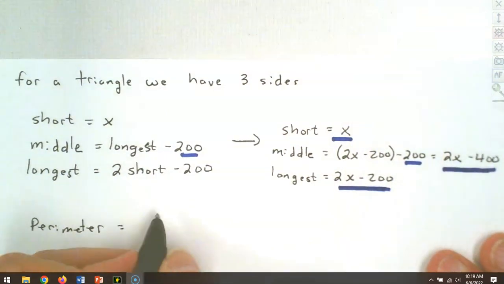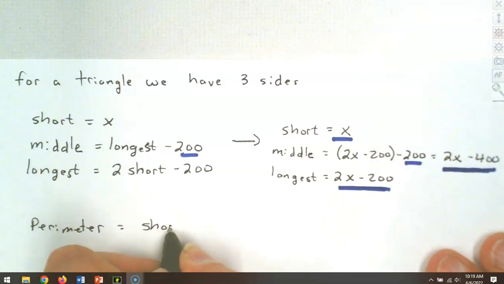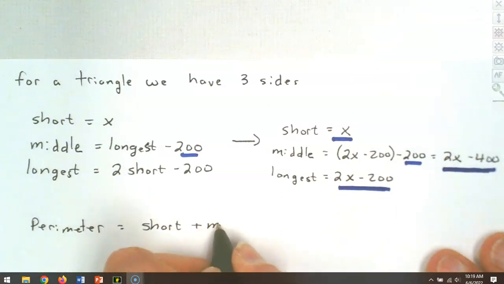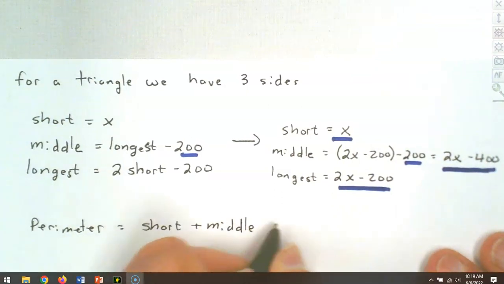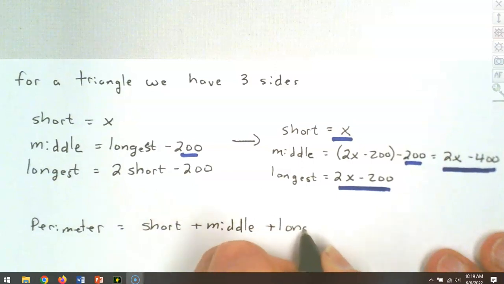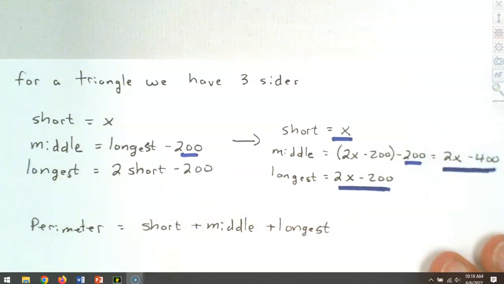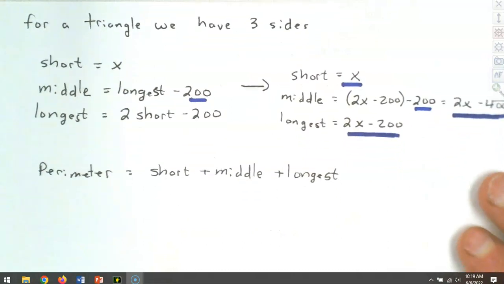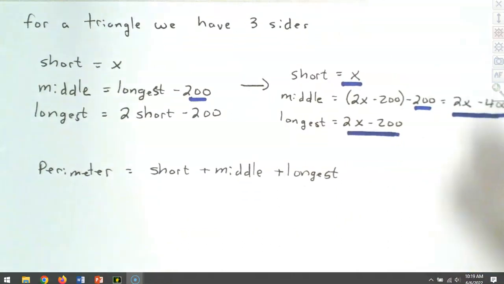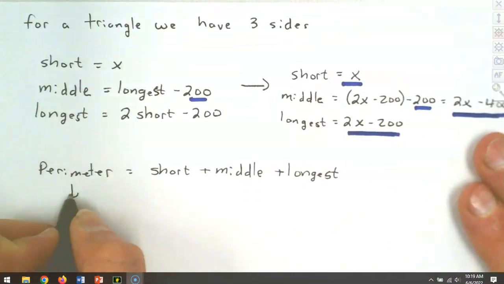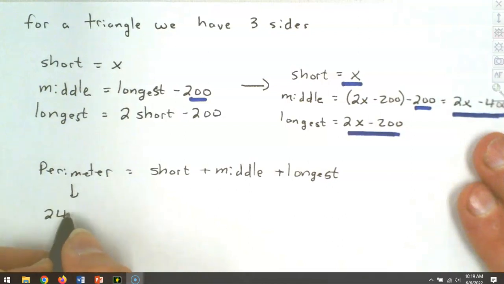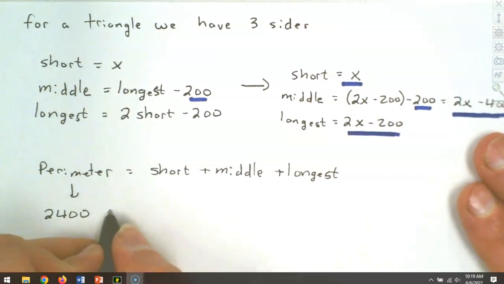So the perimeter is going to be the short side plus the middle plus the longest side. And we know from the problem that our perimeter is 2,400.